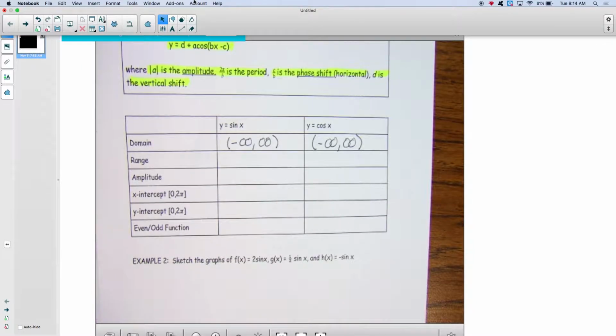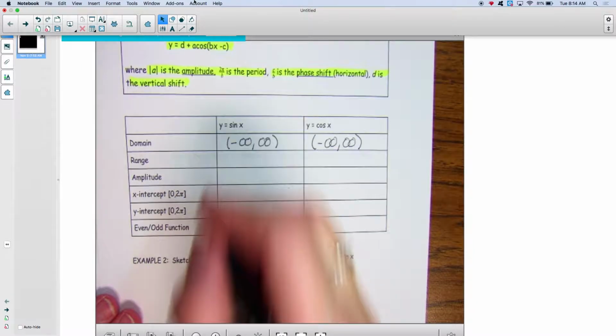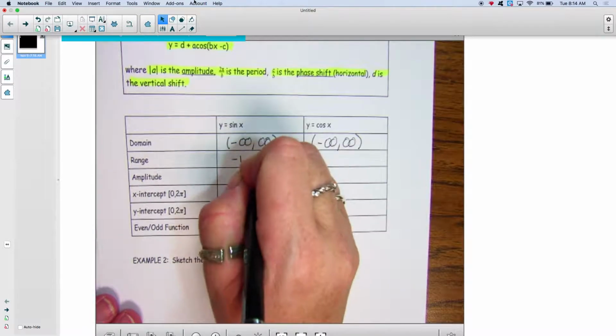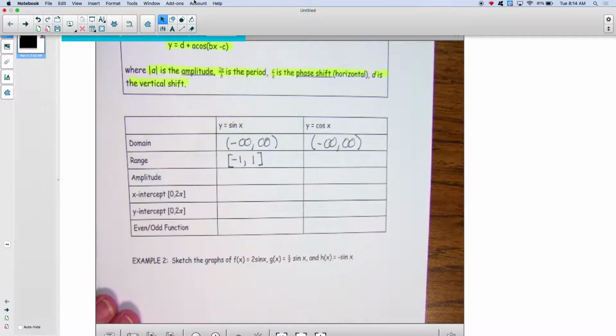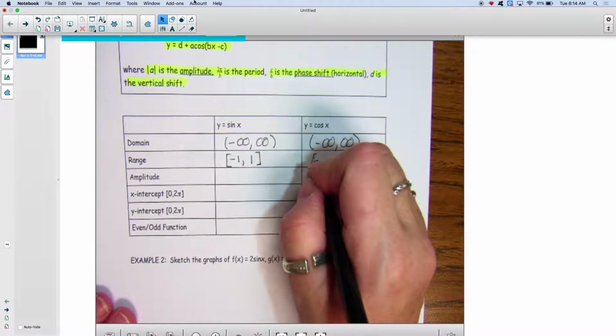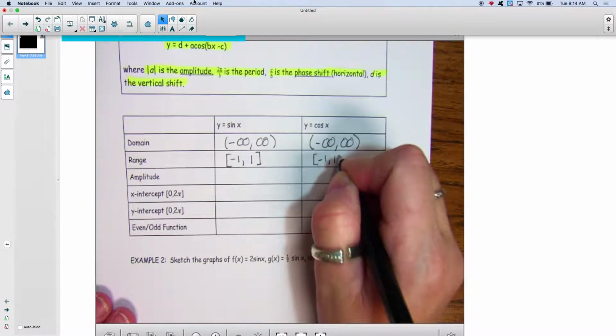What's the range? Do I include negative 1 and positive 1? Yeah, so we'll use brackets. Is that true for both of them? Well, since they're the same graph shifted, sure is.